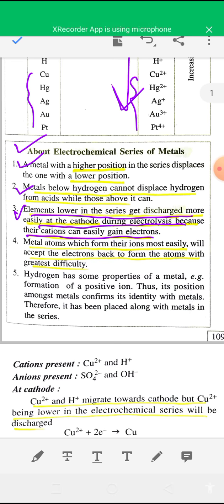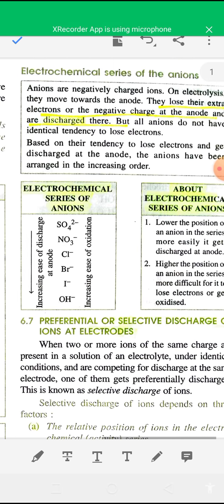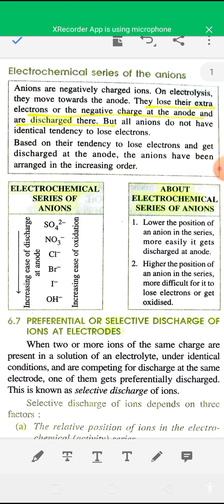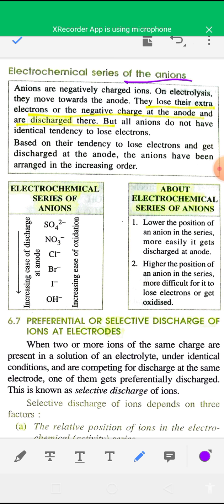Now see, a similar type of electrochemical series of anions is given here. Based on their reactivity, anions are negatively charged ions, and during electrolysis they migrate towards the anode, lose one or more extra electrons at the anode, and therefore are discharged at the anode.